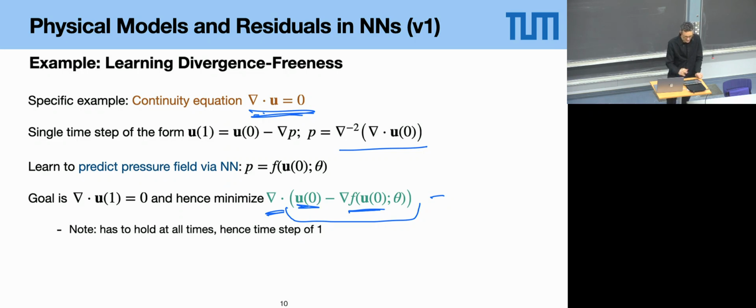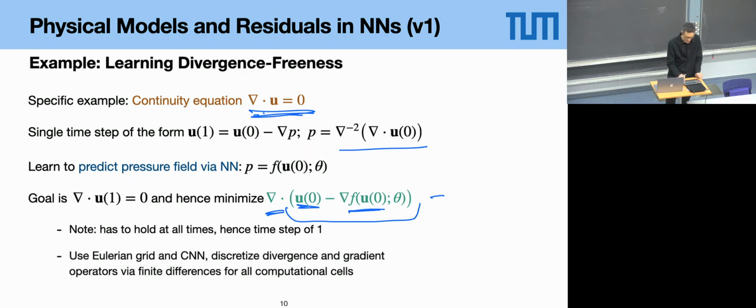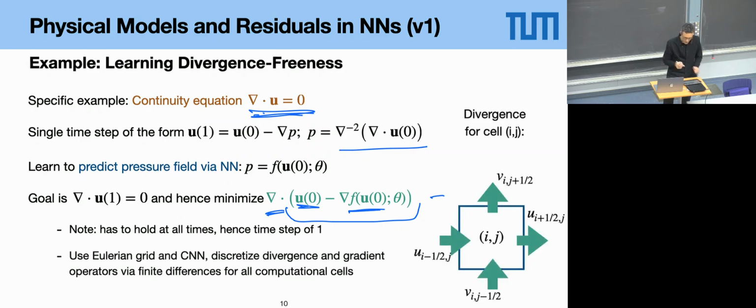Right. This actually has to hold at all times, so we can focus on just going from one input to one output. In practice, you could say, well, we have different time steps here, but this actually doesn't matter. And also, to give a bit of intuition, typically the way this is implemented is on a staggered grid. So we have different velocity components on the sides of a cell.